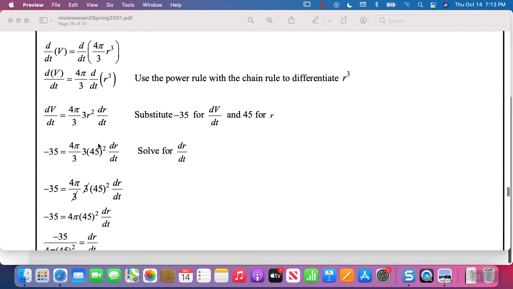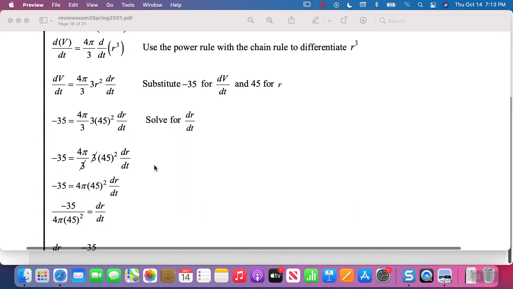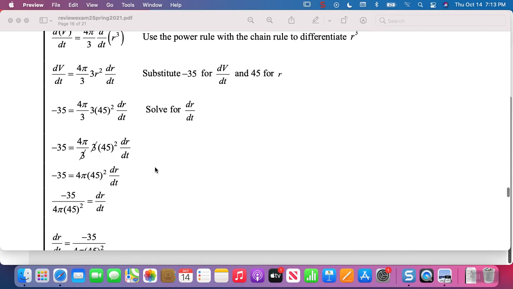They gave us the change in volume, negative 35, so we replace dV/dt by negative 35. Then we solve for dr/dt, because we need the rate of change of the radius per time.